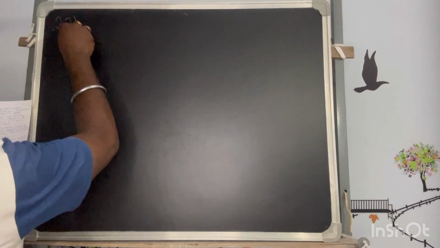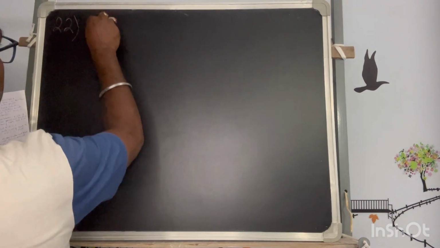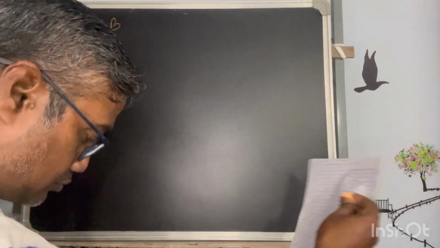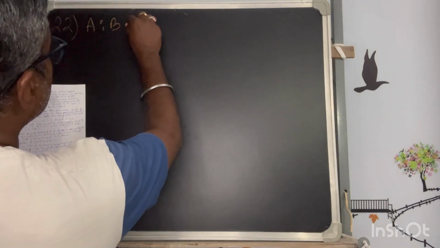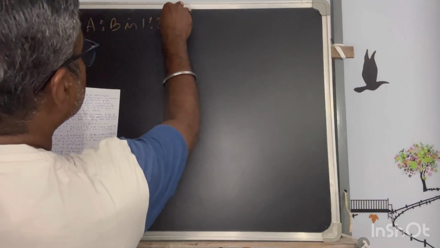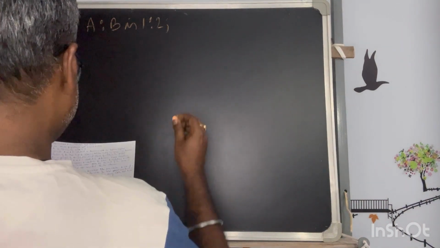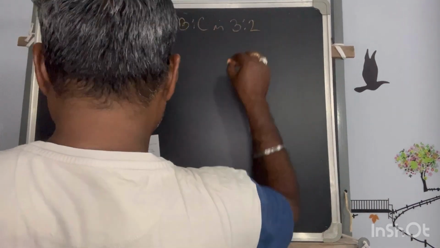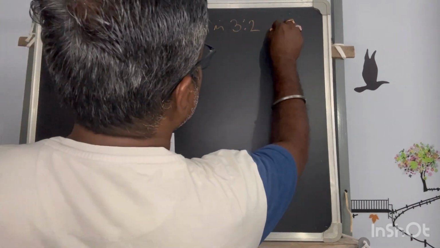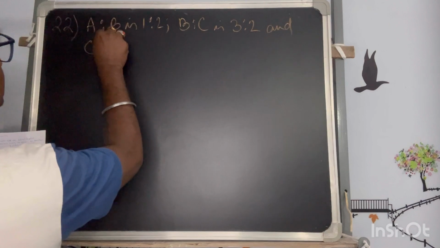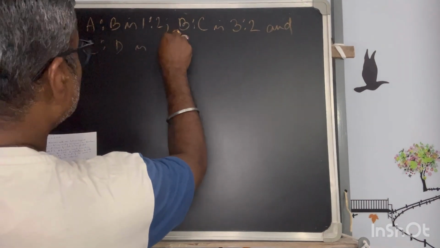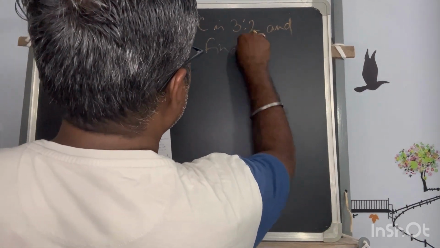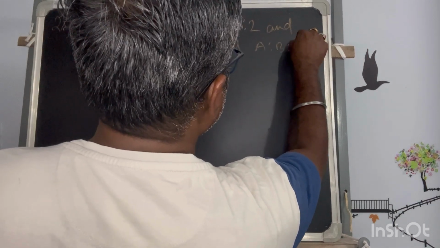Problem number 22 is: A is to B is 1 is to 2, B is to C is 3 is to 2, and C is to D is 1 is to 3. Find A is to B is to C is to D.